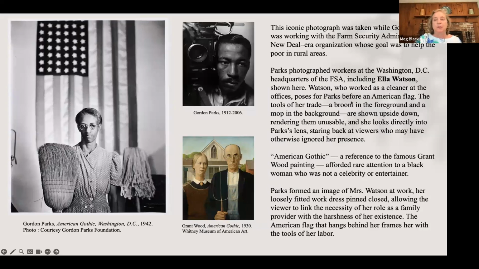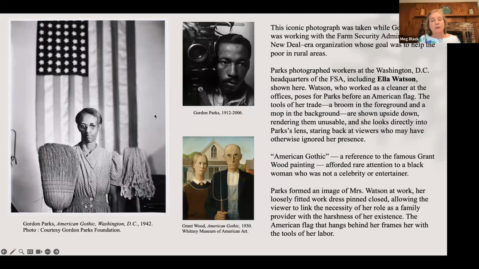And he meets this woman, Ella Watson, and she is, as you can see, a cleaner in the U.S. Capitol. She is a very poor woman. You can see by her dress that's pinned together. And these are the tools of her trade, a mop and a broom.